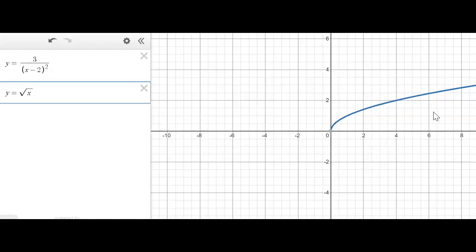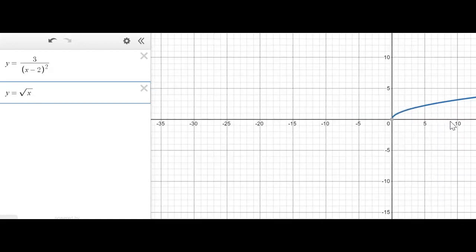The next perfect square would be 9. So it should be 9, 3. Or you could also do 1, 1.